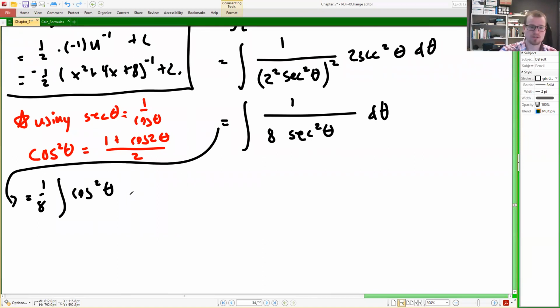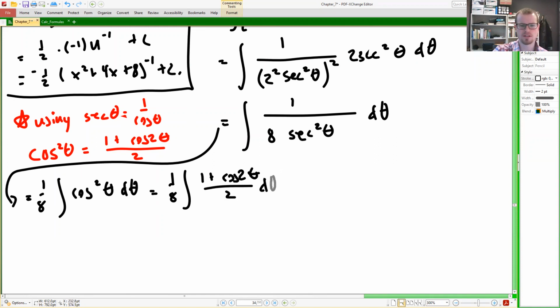So it's just cosine squared theta. From here, we are able to use the substitution. So I'm going to see this as 1/8 times the integral of (1 plus cosine of 2 theta) divided by 2 d theta.